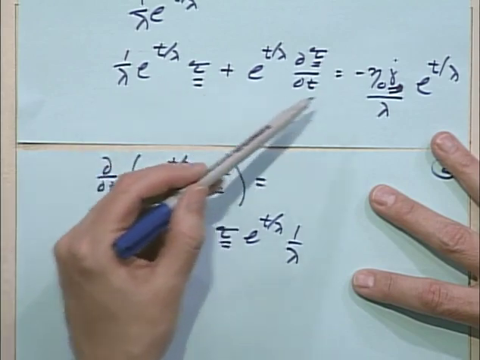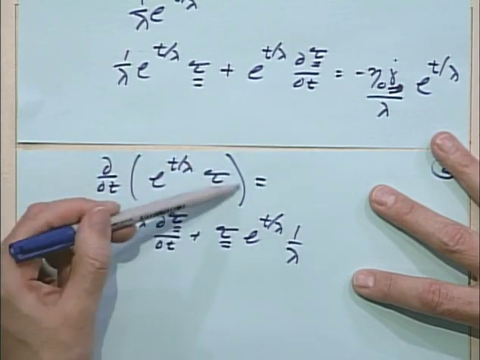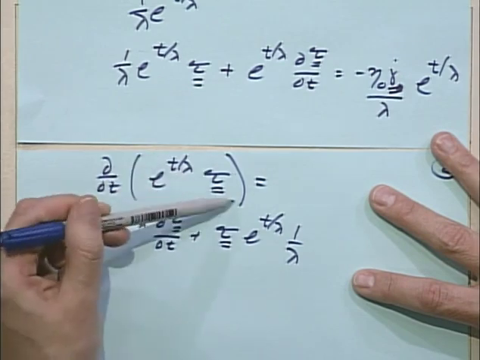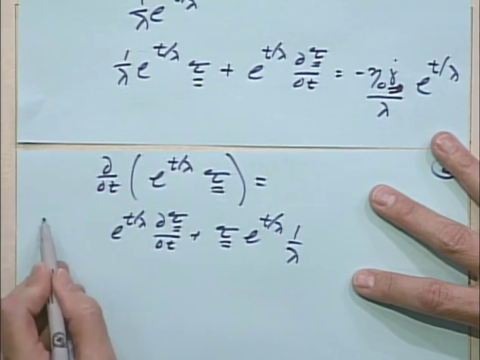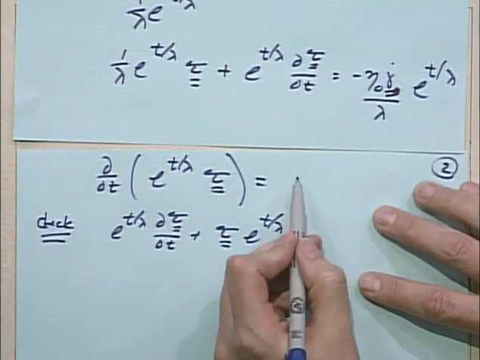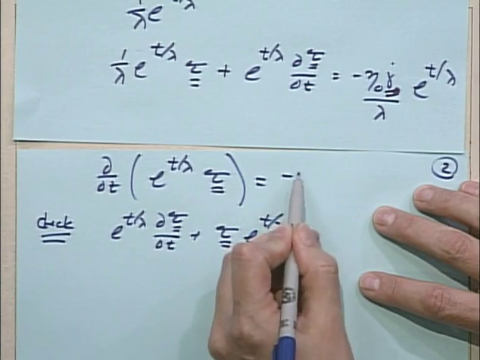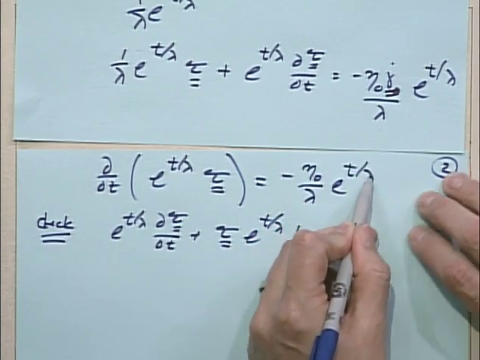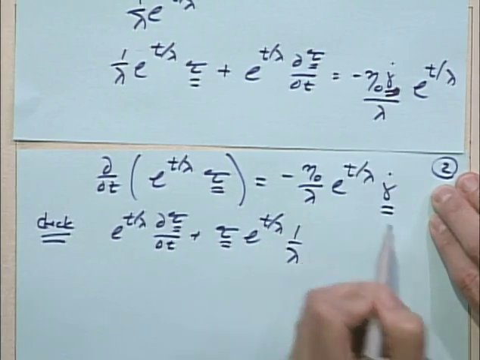I multiply through by this integrating function, and the left-hand side becomes d by dt of a product now, of a combined group of variables, which is very nice. Because now I'll just be able to integrate that. Right-hand side stays the same. Minus eta naught over lambda, e to the t over lambda, gamma dot the tensor.